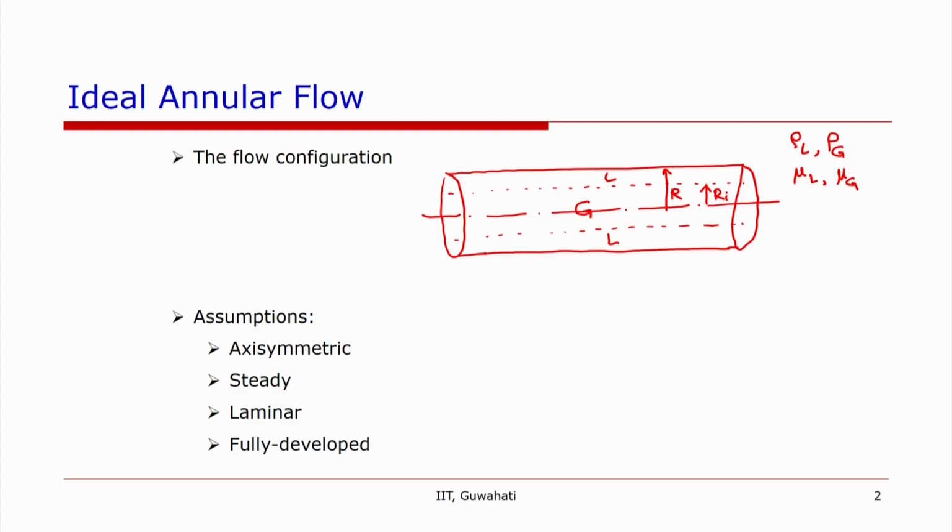Okay. So, we will solve the mass conservation and momentum conservation equations, and because this is a cylindrical configuration, we will prefer the cylindrical coordinate system, where we have R, theta and Z. So, Z is this direction, R is the radial direction.